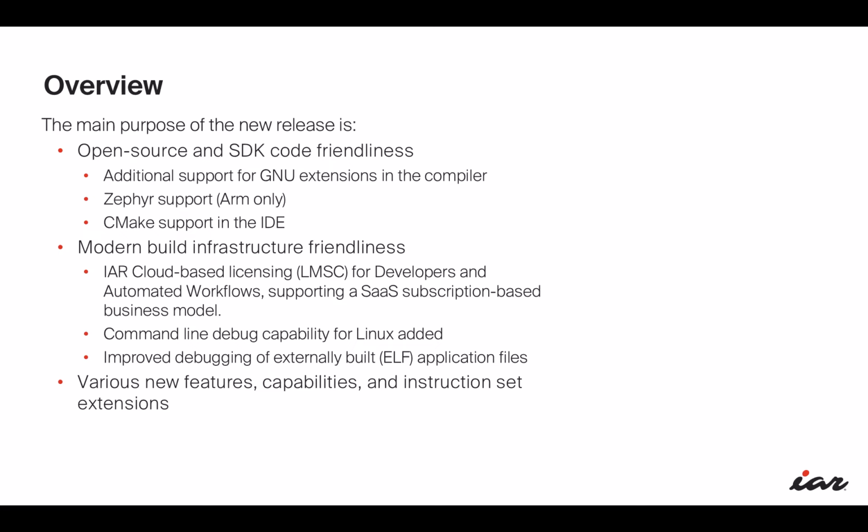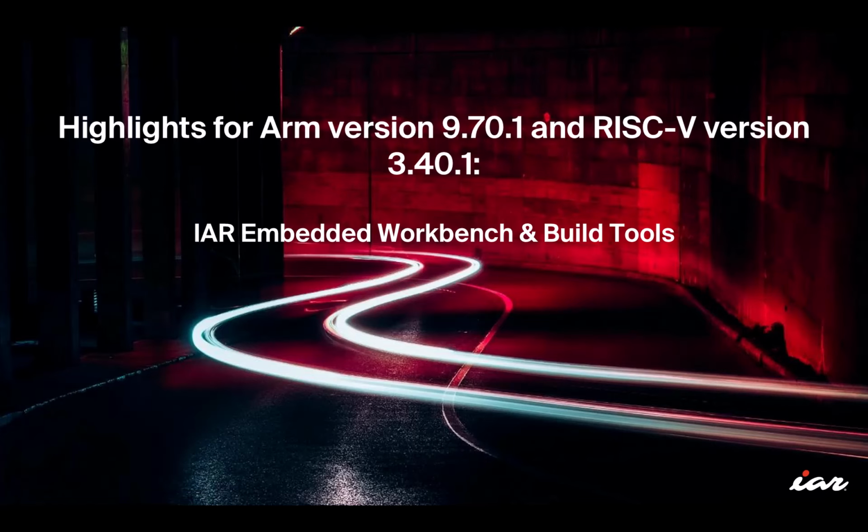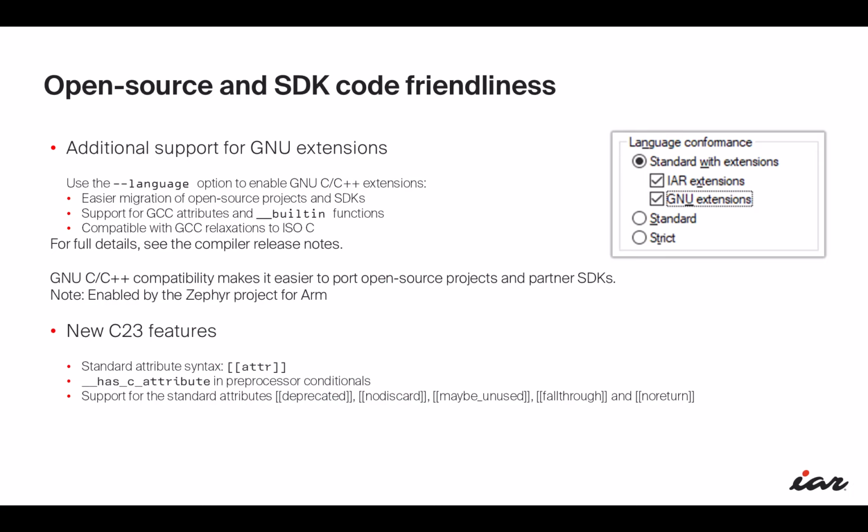So Niklas, can you tell us more about what's new for ARM and RISC-V? Sure, so let's look into the first bullet here, open source and SDK code friendliness. We worked a lot on making our toolchain more compatible with GNU C and C++ language extensions.